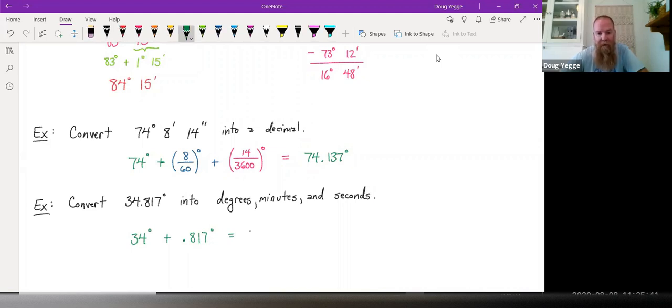So this is the same thing as 34 degrees plus 0.817 parts of 60 minutes. And so if you were to use your calculator, figure out what 0.817 times 60 is, that turns out to be 49.02 minutes.